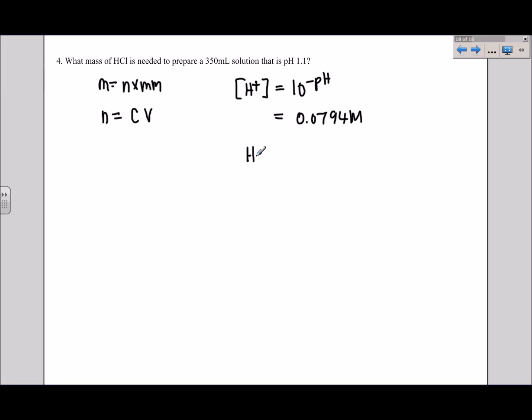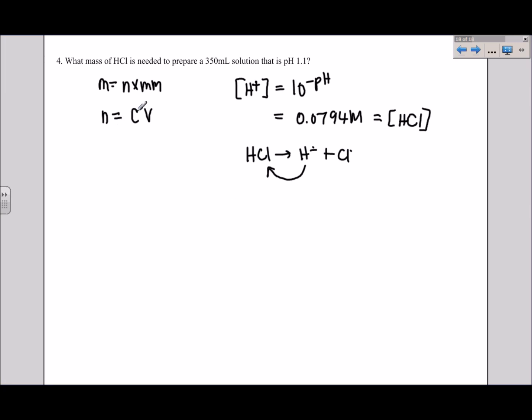Because I'm working with a strong acid, working backwards from that concept, I know the concentration of H+ is 0.0794, so that means that the concentration of the HCl is also equal to 0.0794, because they exist in a 1:1 ratio.